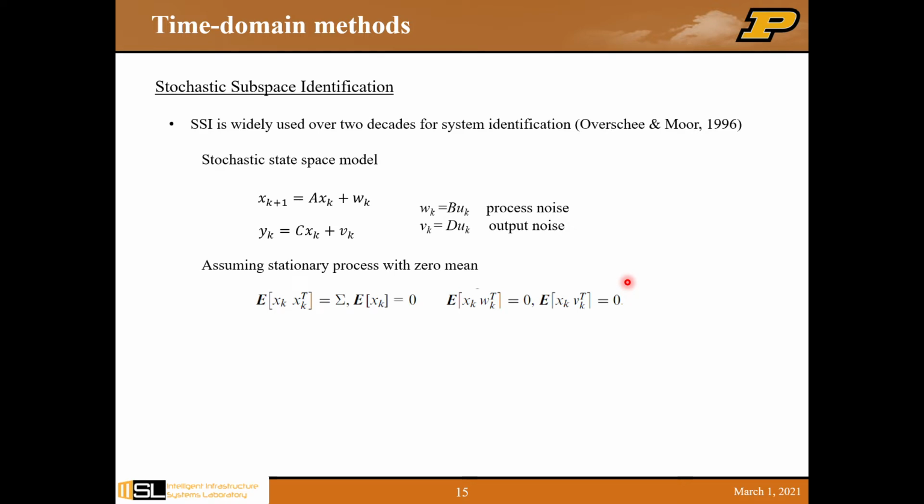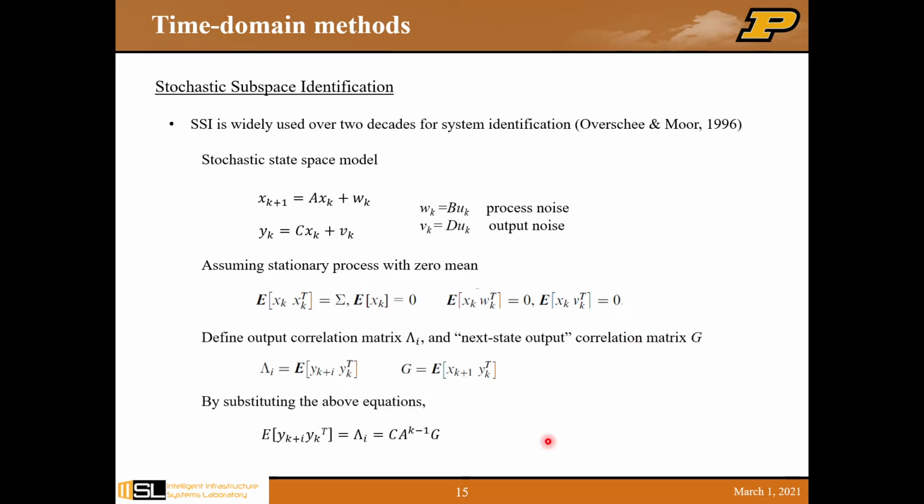Assuming a stationary process with zero mean, we can obtain these results corresponding to the expectation of the state vector with respect to n times w_k and v_k here. Then we can define the output correlation matrix lambda i, which is equal to the expectation of y_{k+i} times y_k transpose.